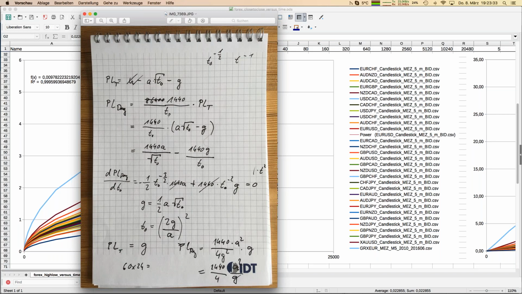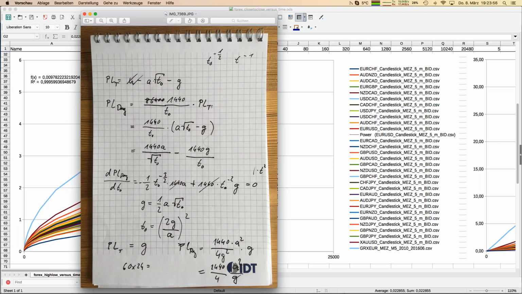Because after T0, we close our trade. This is something like the frequency. So because we close the trade after T0, the number of trades per day would be 1,440 divided by T0.